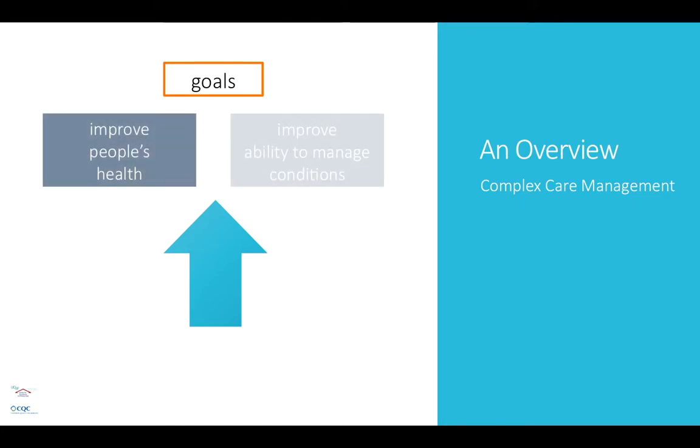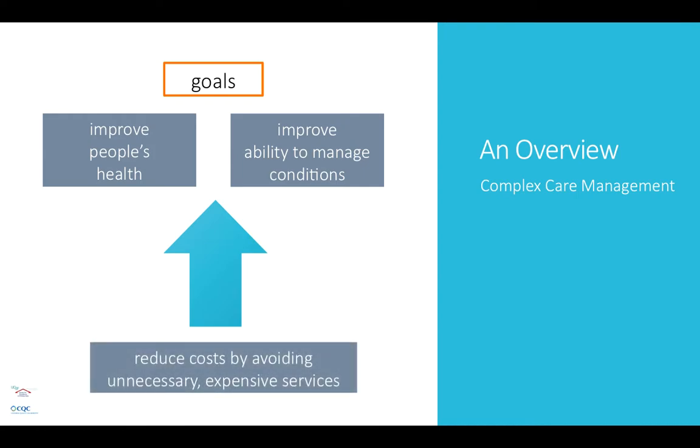The goal of complex care management is to improve people's health and ability to manage their conditions. When it is done well, complex care management has the added benefit of reducing costs to the healthcare system by avoiding unnecessary expensive services such as inpatient hospital stays.